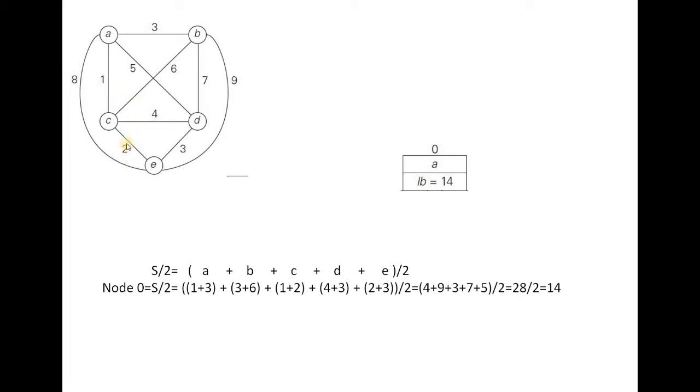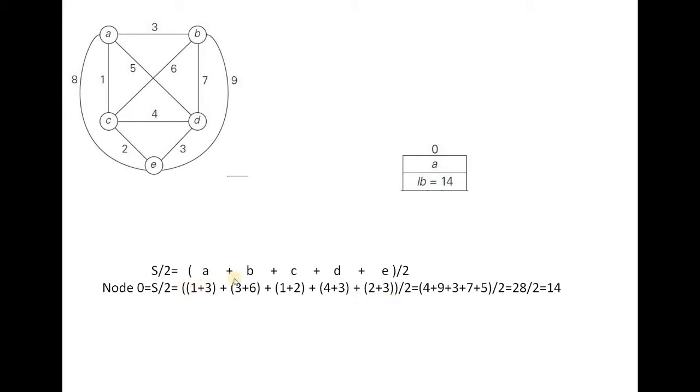Out of these, the 2 least cost paths are towards A and towards B, whose values are 1 and 2 respectively. Likewise, you find the 2 least cost paths from D, whose values are 4 and 3. From E, again 4 paths are available, but the 2 least cost paths are towards C and towards D, whose values are 2 and 3 respectively.